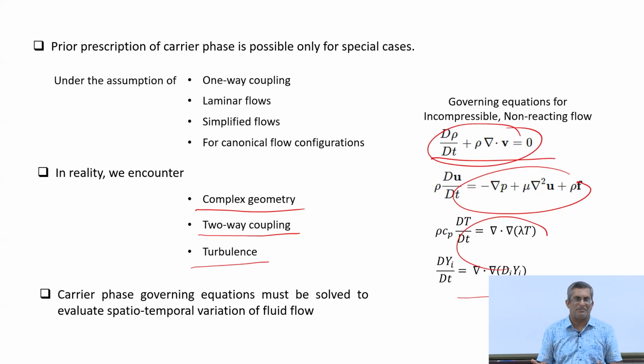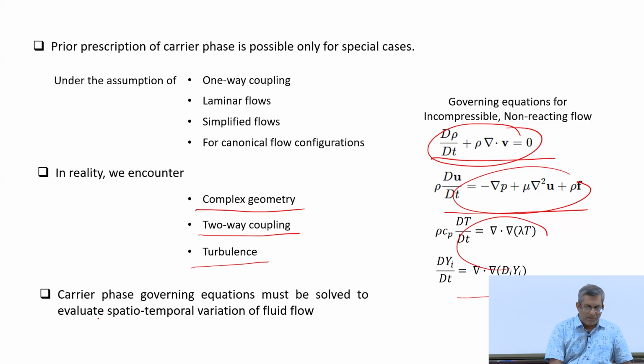No, it won't change. Or the Navier-Stokes equation or energy equation, it won't change. But it is not easy to directly solve the equations if we have turbulent flow. We have to bring in some kind of modeling to account for turbulence, though it is not essential.